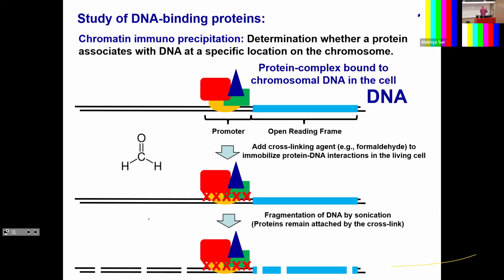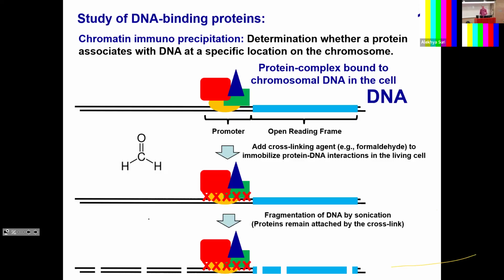But from a video sequence, you have just one picture that you get, and you have now this protein or protein complex attached to the DNA, immobilized. So in this way, because chromosomal DNA would be very large.